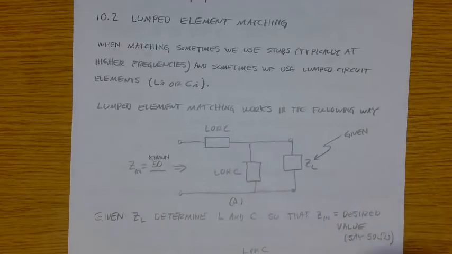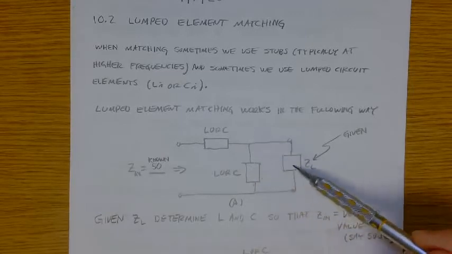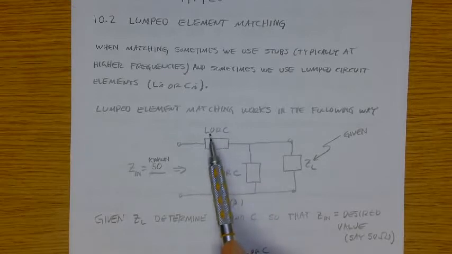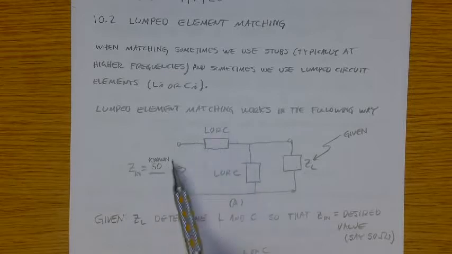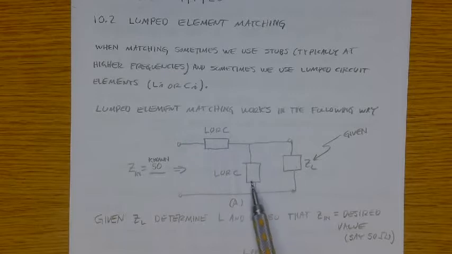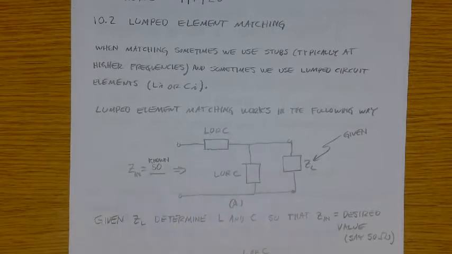This thing is in the shape of an L, where this is either some inductance or capacitance yet to be determined in shunt with the load, in parallel with it. Shunt means parallel, followed by some L or C in series. And so we have to determine the values of this inductance and capacitance so that this impedance combination here ultimately is 50 ohms.